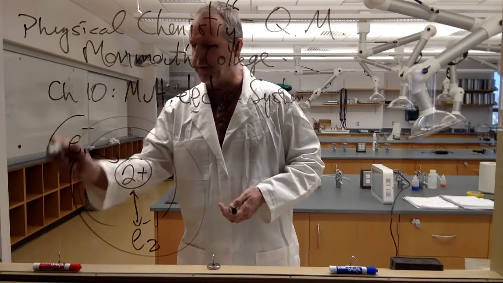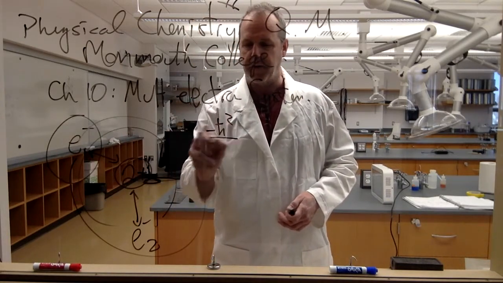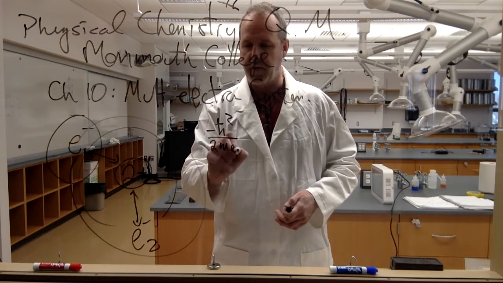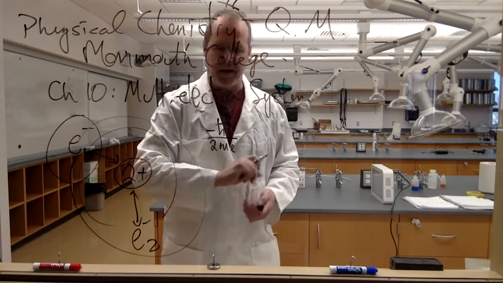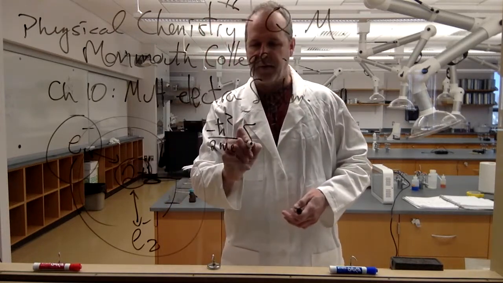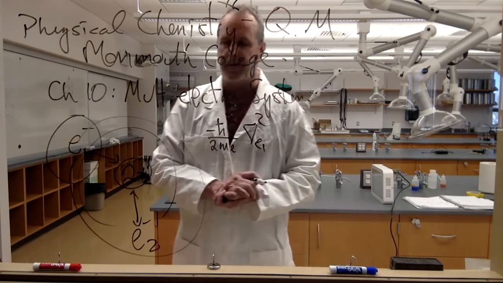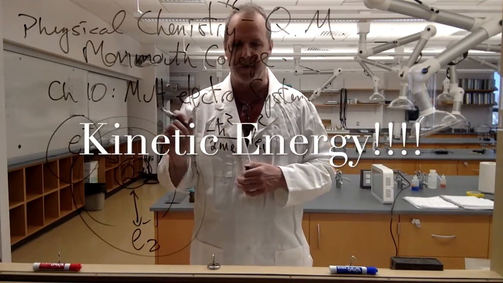So if we focus first on electron 1, there's a minus h bar squared over 2 m e1, but since electrons all have the same mass, you could probably leave that off. And we could do del squared again, but in this case, let's label it as e1 because this is the kinetic energy term associated with electron 1.